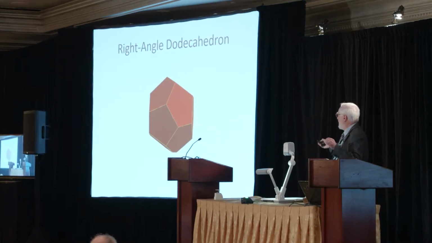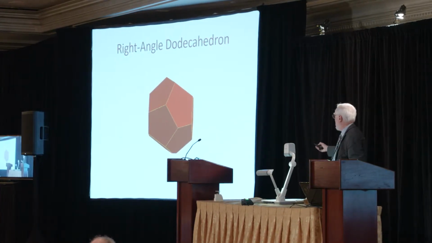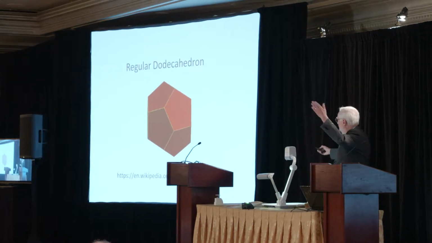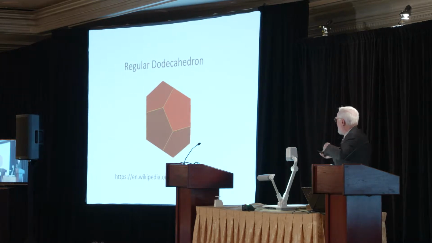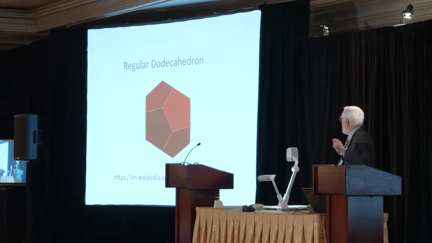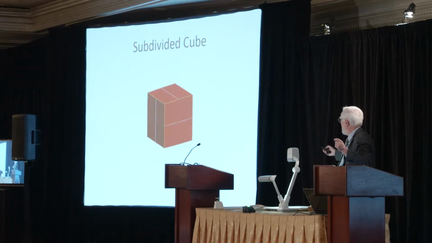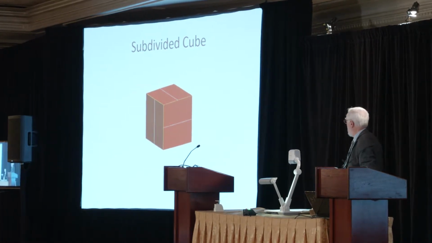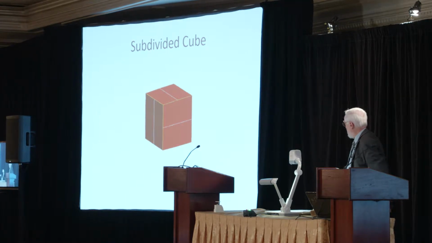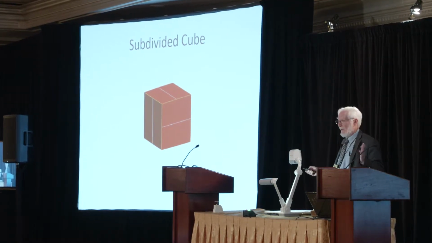We get a right-angled dodecahedron in between by intermediate value property. So from the one, you go to the right-angled one, then to the regular dodecahedron, which we all know a little bit too commonly. And at the bottom, you get a subdivided cube, which is also a dodecahedron, if you think about the fact that each of these subdivided rectangles has 5 sides.